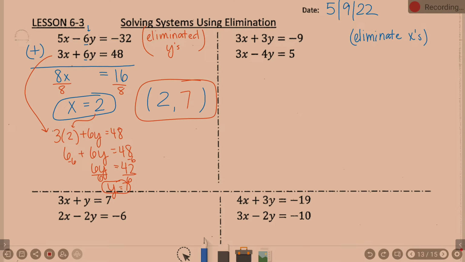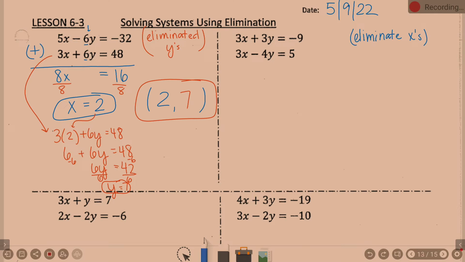Last time, I had negative 6y, positive 6y. Just add them together. Piece of cake. What happens here if I add 3x and 3x? Does that really cancel out? No, not if they're the same sign. 3x plus 3x would be 6x. Do I want 6x? No.